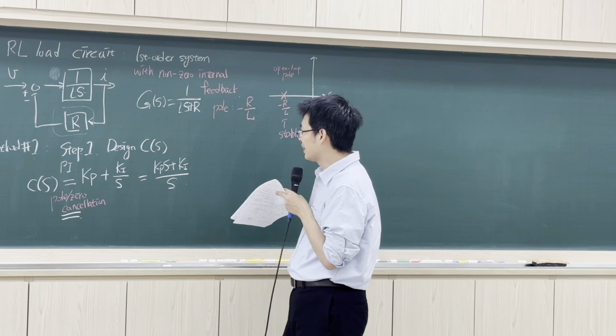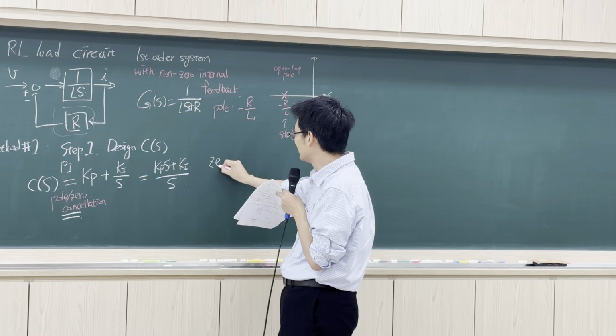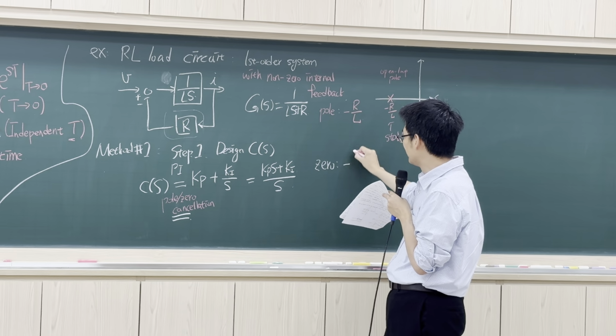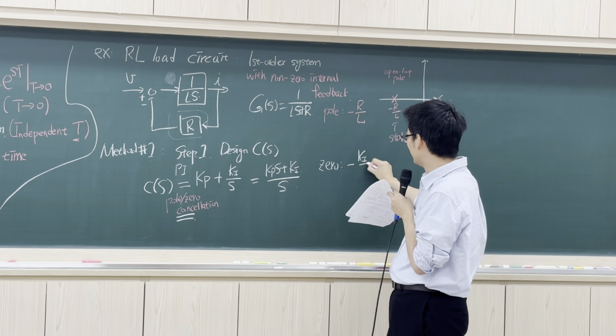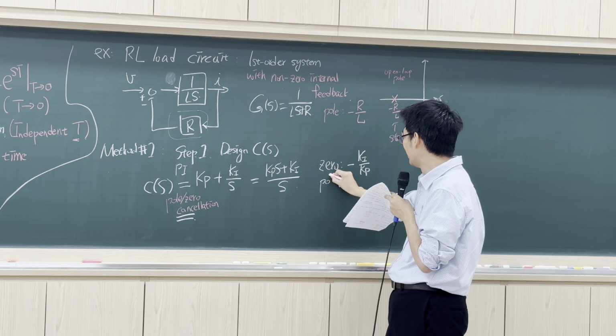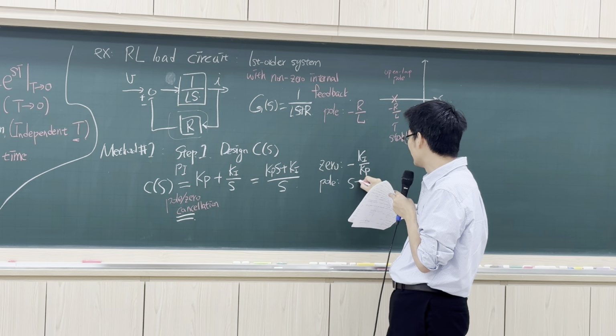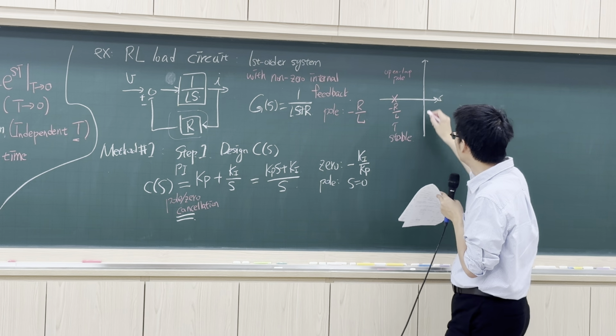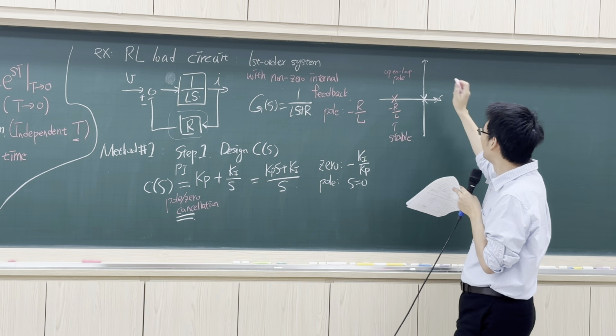This PI controller contains a zero equal to minus Ki over Kp, and the pole S is equal to 0. This is the controller pole.